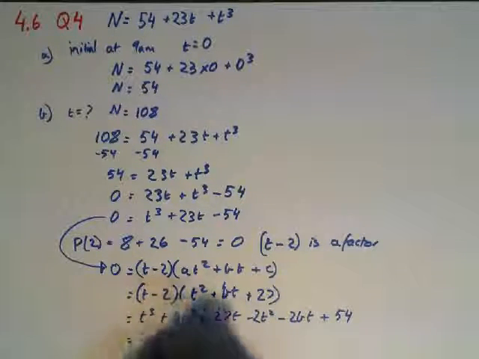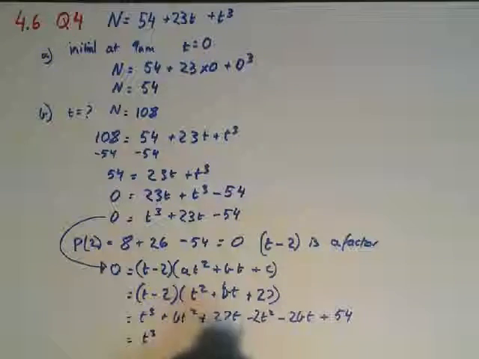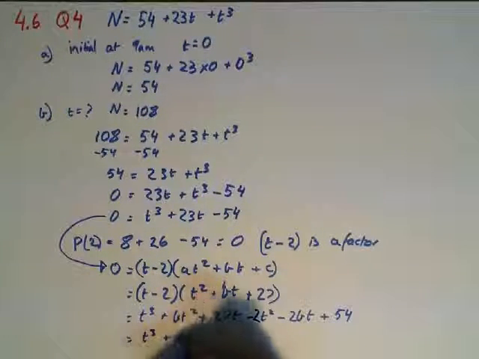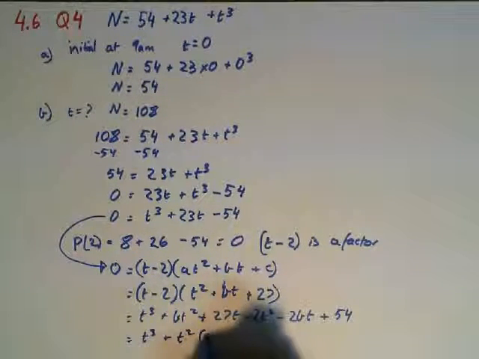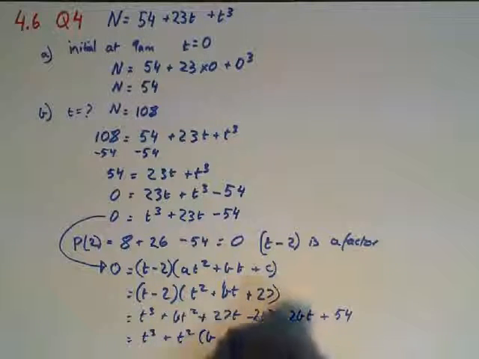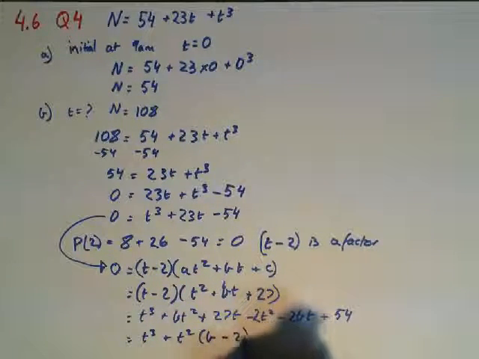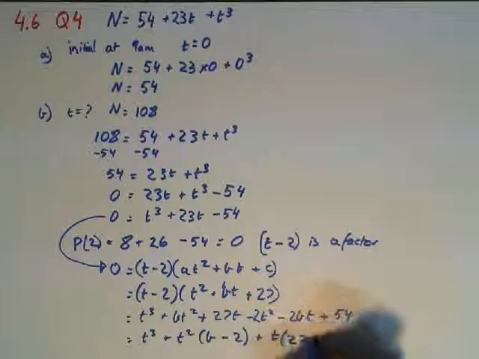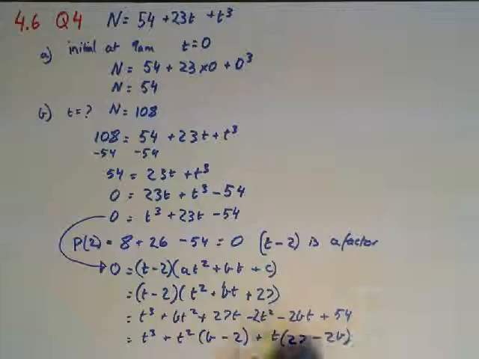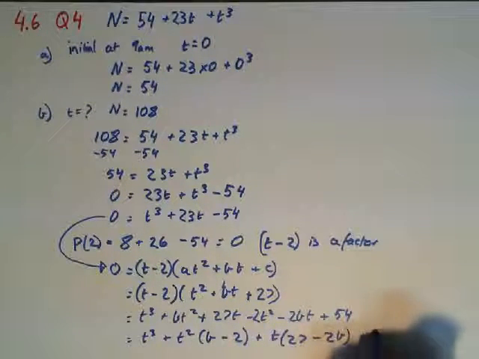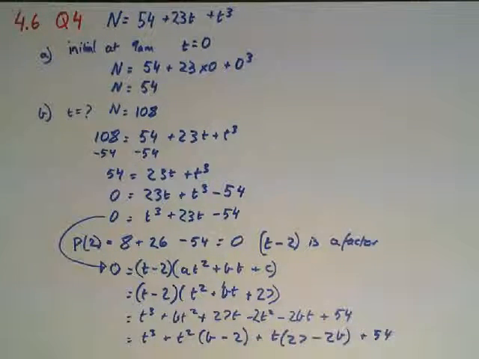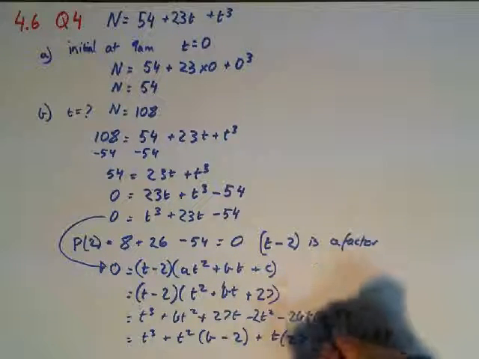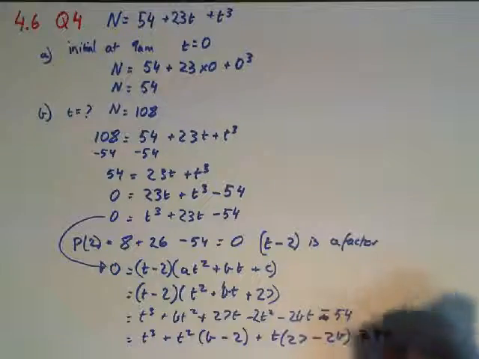Now simplifying, so we got t cubed, t squared brackets, so b and minus 2, plus t, which is 27 and 2b, and then take 54 at the end. Sorry, that should be a take.